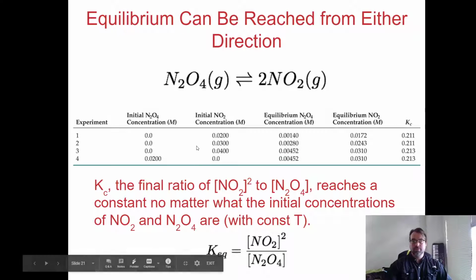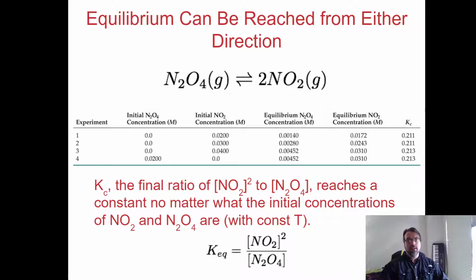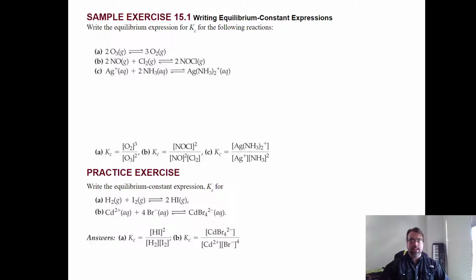Now, equilibrium is going to be something that's going to end up being reached from either direction. Okay. So this is essentially our equilibrium expression, and how we make the equilibrium expression.